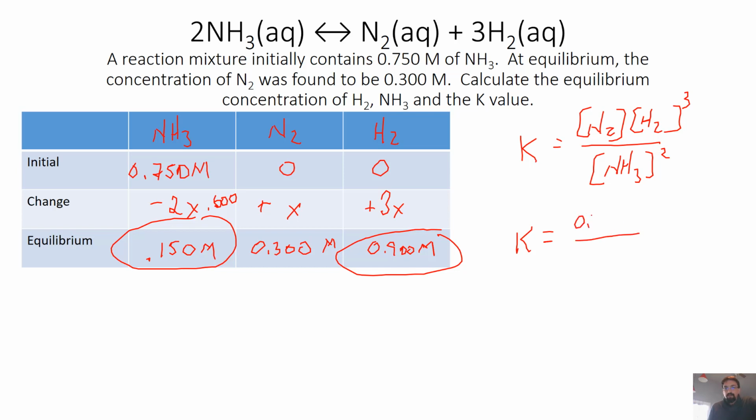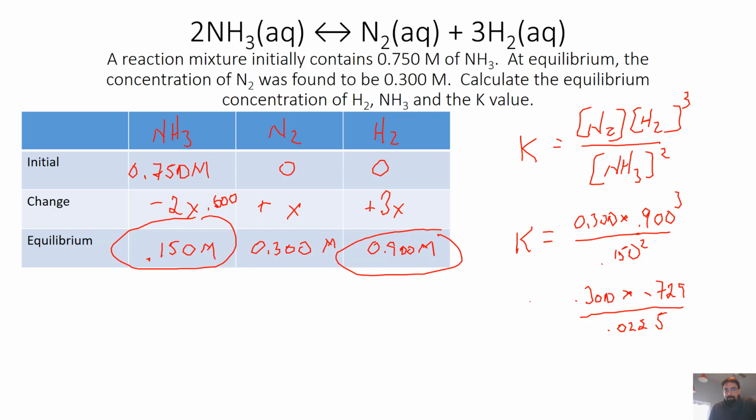N2 is going to be 0.300 at equilibrium. The H2 at equilibrium is 0.900 cubed. And NH3 squared is 0.150 squared. Okay, plugging these into my calculator, it's 0.300 times 0.729, dividing by 0.0225.